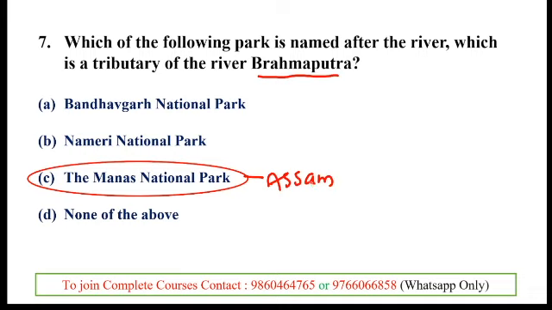Other wildlife species are also found in the national park, like the hawk, golden langur, Indian rhinoceros, Asiatic buffaloes, elephant, leopard, clouded leopard, and Himalayan bear. All of that is located in the Manas National Park, rich with biodiversity. Clear? Then next question.